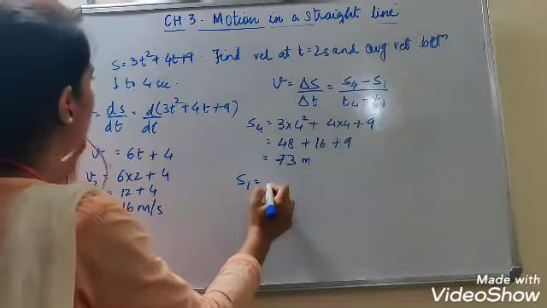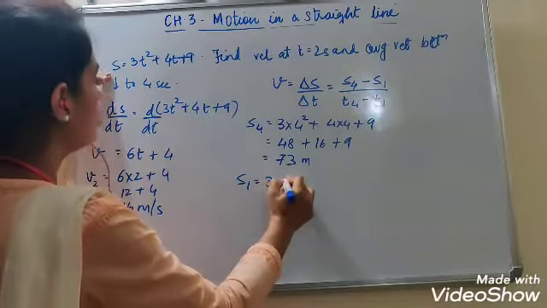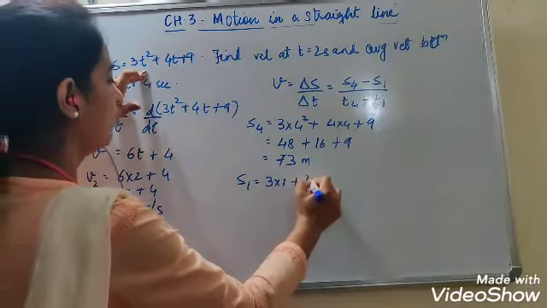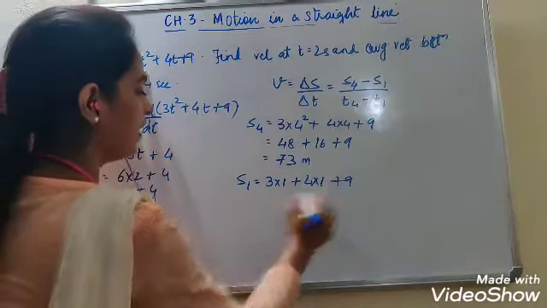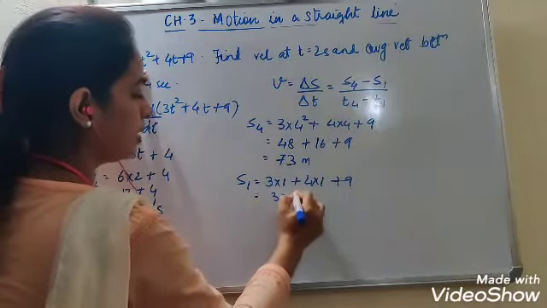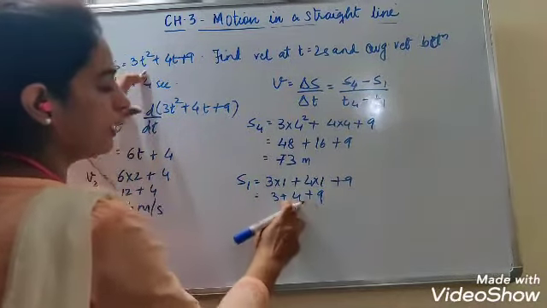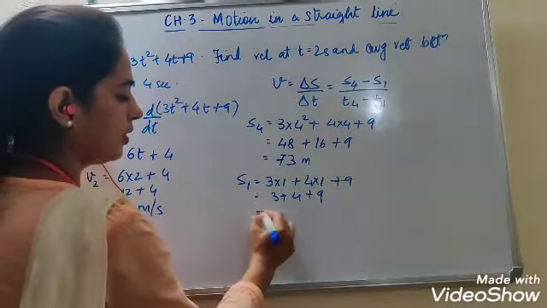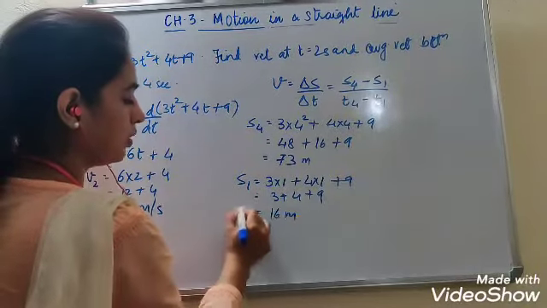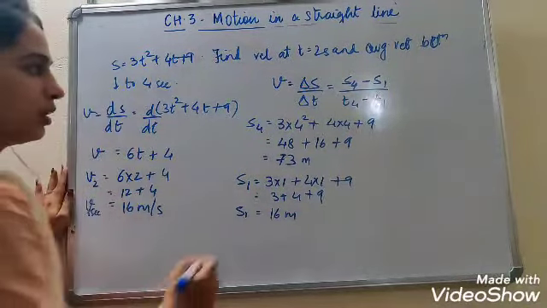Then S1 will be equal to 3 into 1 square plus 4 into 1 plus 9, that is 3 plus 4 plus 9, that is 16 meter. Okay, S1 equals 16 meter.